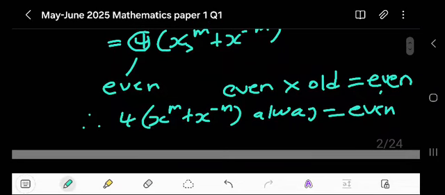And then 4, then you can say, therefore, for any value, what did they ask?